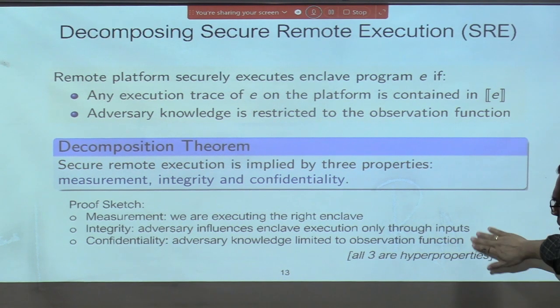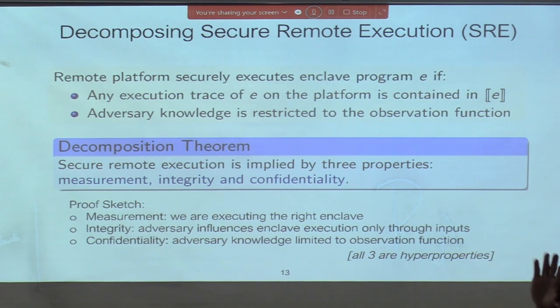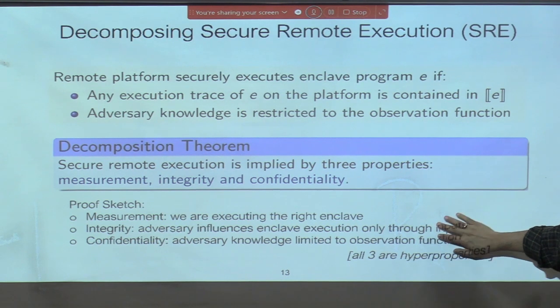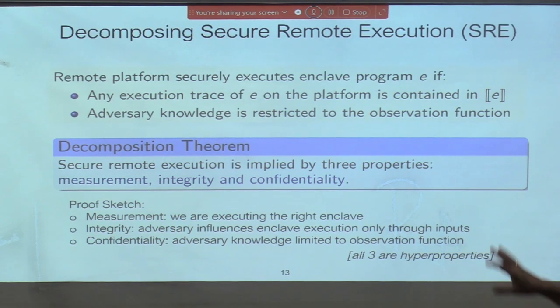So there's nothing new here. These are properties based on the standard notion of observational determinism, right? But what we show in this paper was that this seemingly more complex property can be checked by just checking these three properties, that they imply the top one.